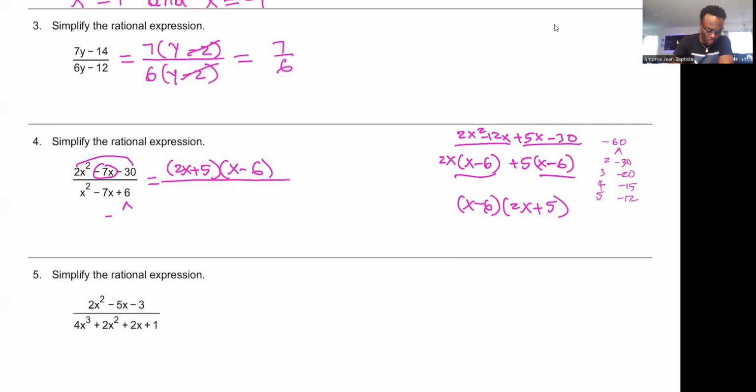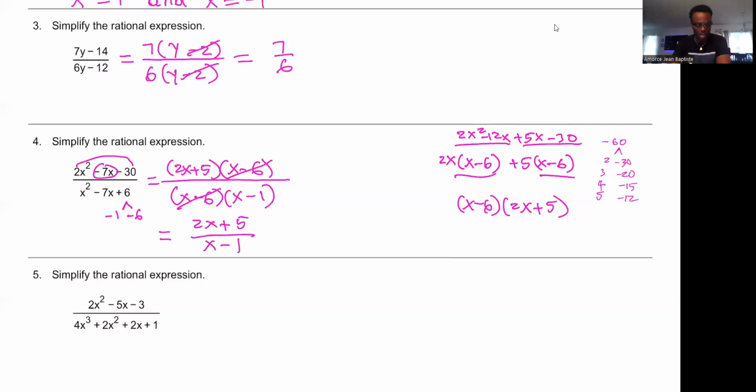So that's negative 1 and negative 6. And then you have x minus 6, x minus 1. The factor x minus 6 is common with denominator and numerator, so we simplify. So 2x plus 5 over x minus 1 is the simplified form of this expression.